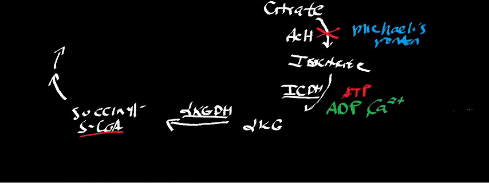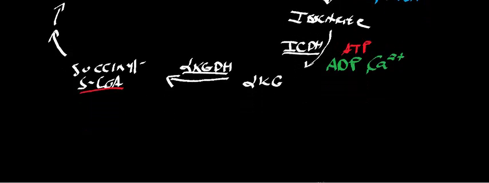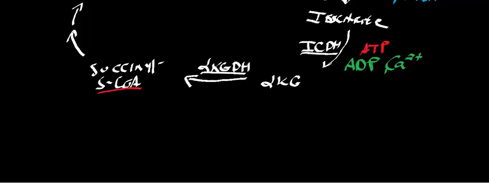Okay. And the last allosteric enzyme in the TCA cycle is alpha-ketoglutarate dehydrogenase complex. It's going to be allosterically deactivated by NADH, and also by the product of the reaction, which is succinyl-CoA.